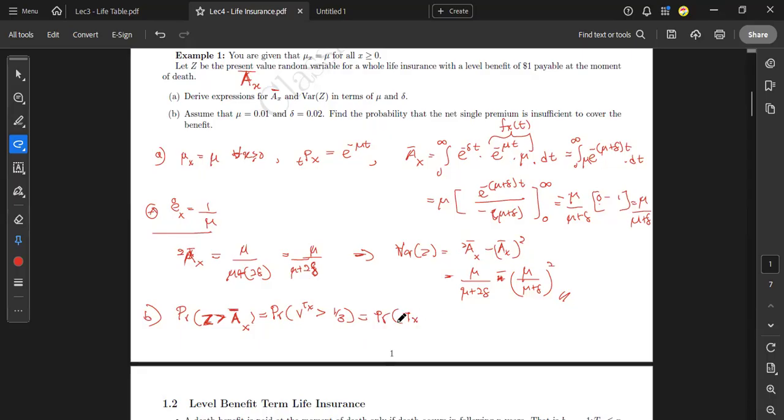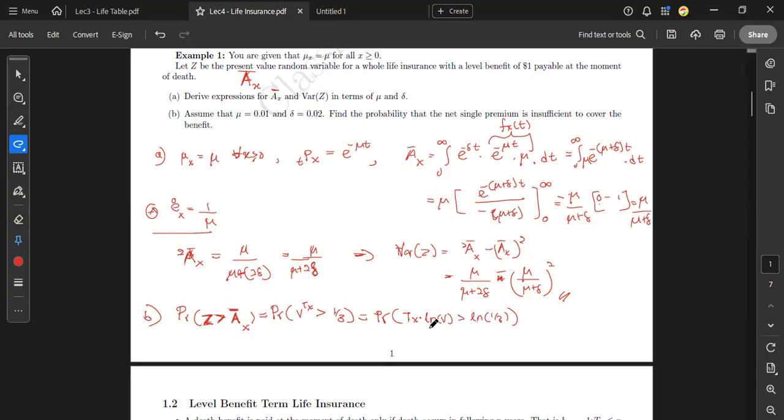For that, I'm taking the log of both sides. So the natural log of v to the power Tx is greater than the log of 1 over 3.